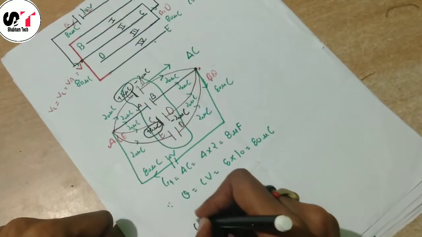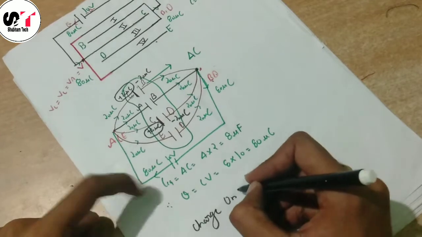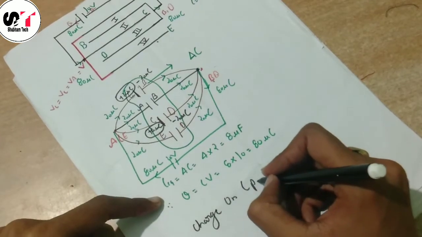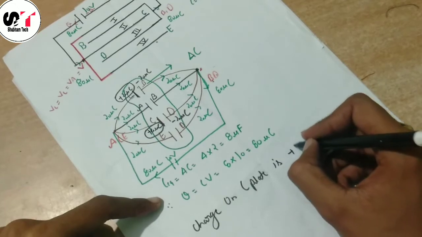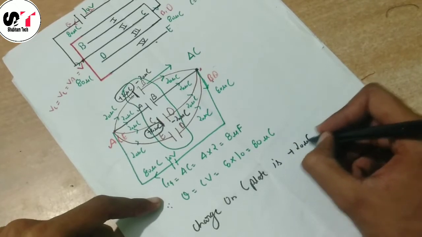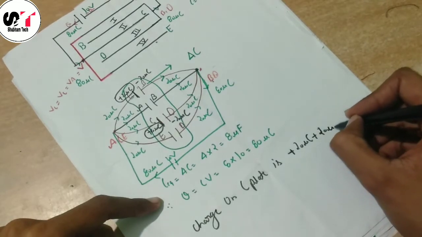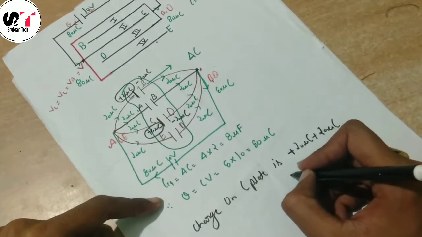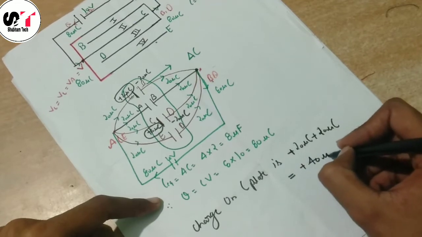So we can say charge on C plate is plus 20 microcoulomb plus 20 microcoulomb equal to plus 40 microcoulomb.